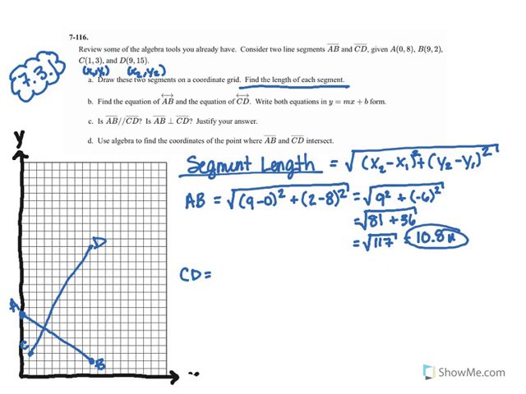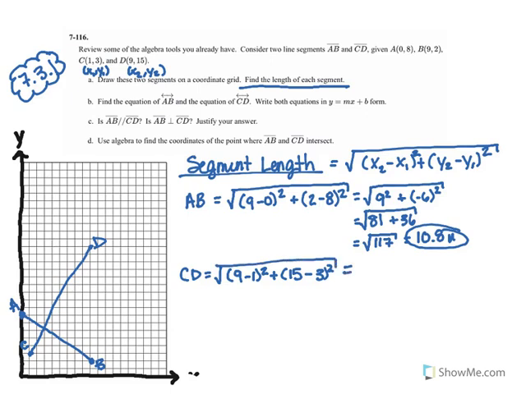I still label them every single time I do these problems. So let's do x2, which is 9, minus x1, which is 1, squared, plus y2, which is 15, minus y1, which is 3, squared.